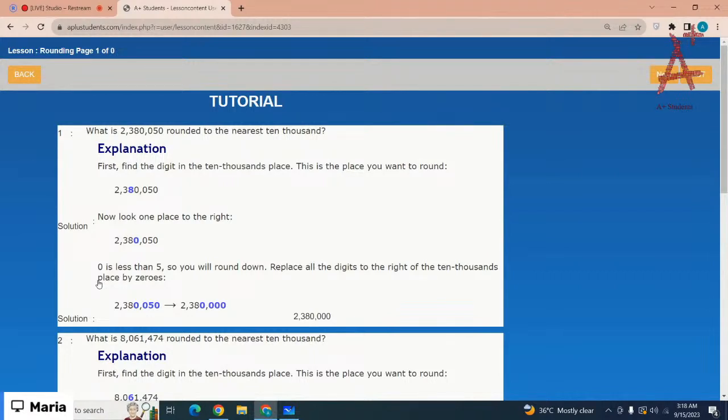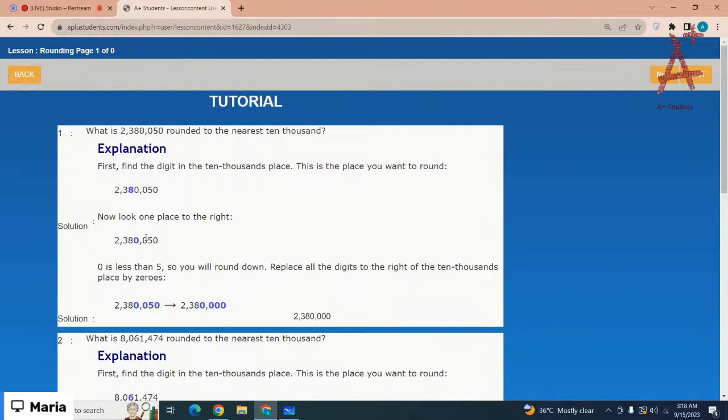First of all, you have to find the digit that is at the 10,000 place, right? So it would be 1, 10, 100, 1,000, 10,000. 8 is at the 10,000 place, right? Just look at the digit right of the 8. Right of the 8 is 0. 0 is less than 5, right?